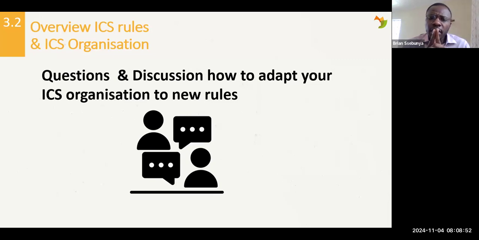Fred is saying, if the processing exporter does not have its own ICS, how will it ensure quality control when doing purchase? Exactly. We don't call it ICS. It has a quality management system. Definitely, they need to have a quality management system that ensures that they control the organic quality. We don't call it the ICS because for a long time, ICS has been a common word we use for group certification.